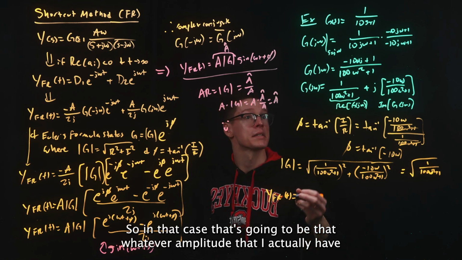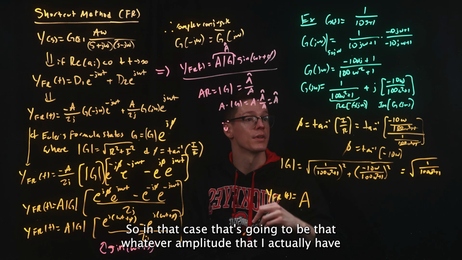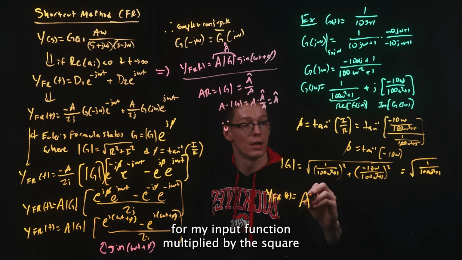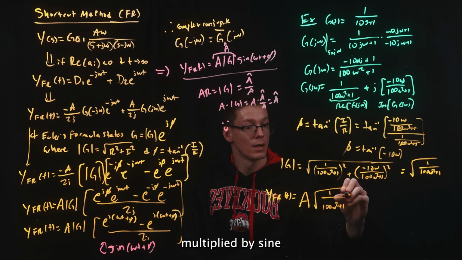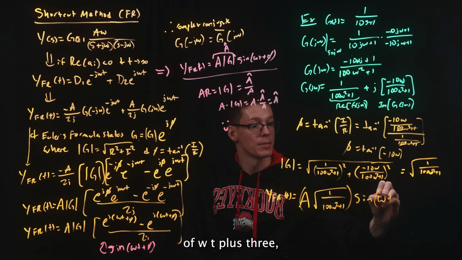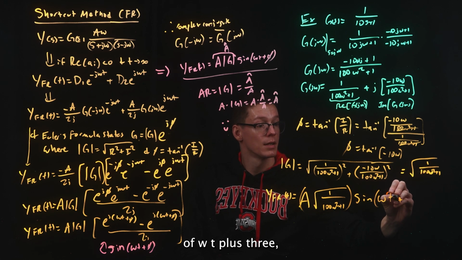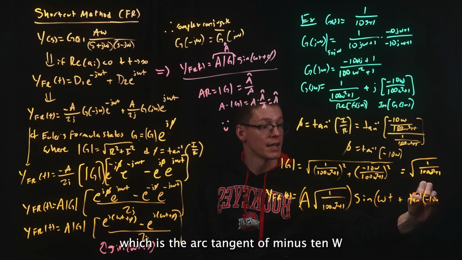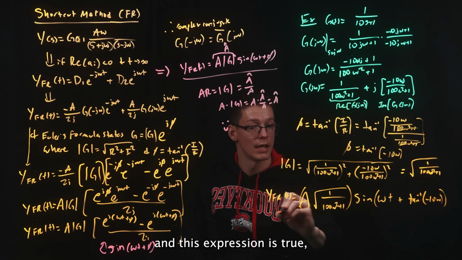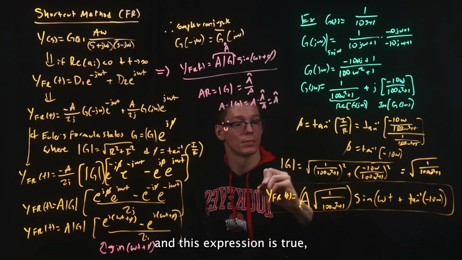So in that case, that's going to be whatever amplitude that I actually have for my input function, multiplied by the square root of 1 over 100 w squared plus 1, multiplied by sine of wt plus phi, which is the arctangent of minus 10w. And this expression is true.